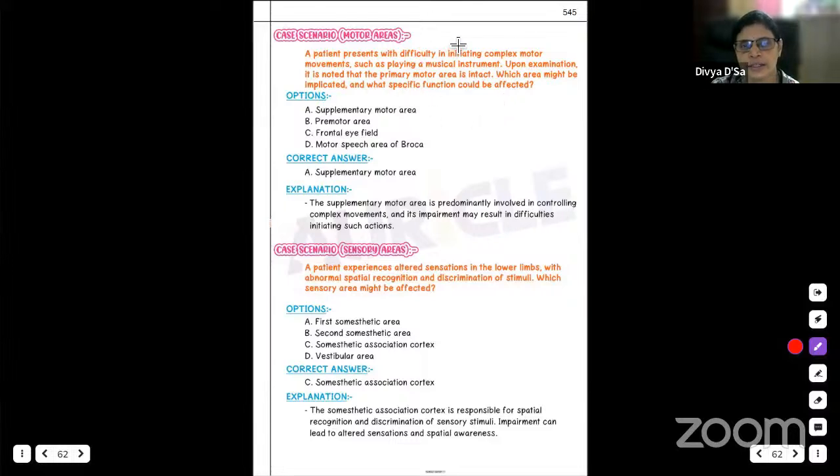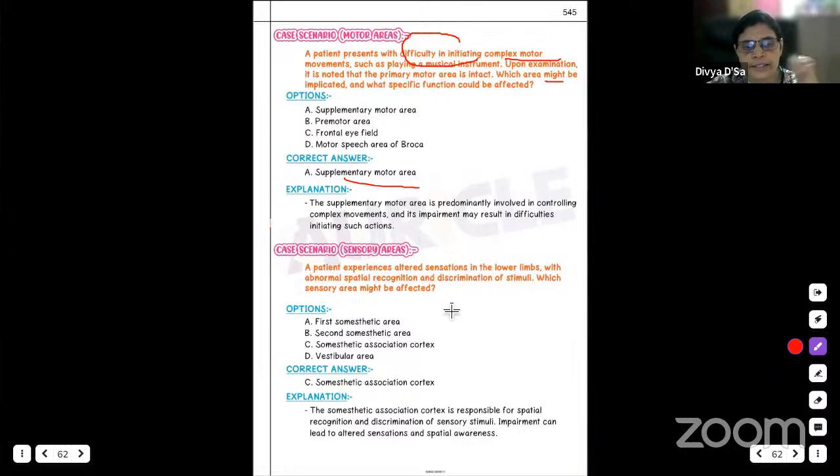The keywords are difficulty in initiating a complex motor movement, with the primary motor area intact. The options are supplementary motor area, premotor area, frontal eye field, motor speech area. The supplementary motor area is affected because that is involved in controlling this. The supplementary motor area is in the medial frontal gyrus.